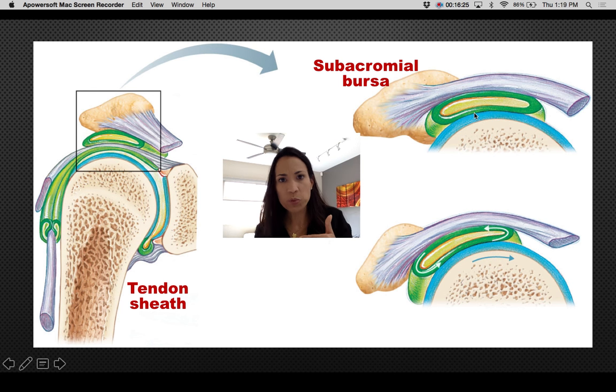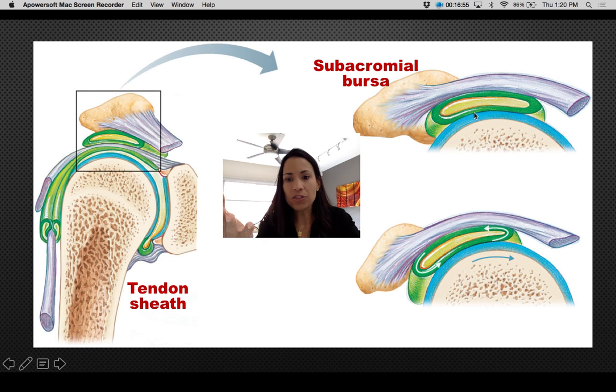For example, most people, and this varies among individuals, and depends a lot on the activity, the occupation of that individual. People who work on their knees, roofers, for example, have well developed bursae right in front of the knee, in between the patella or the tibia and the skin.